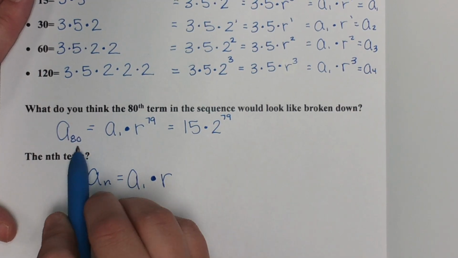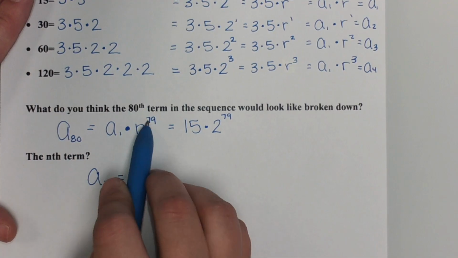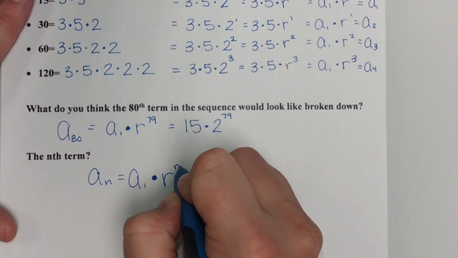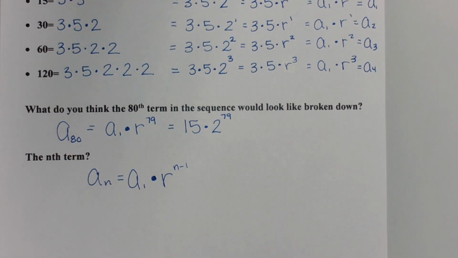How did these relate every time? Minus 1 and minus 1. Guess what? That's the equation for a geometric sequence. That's what we're getting into today. We're focusing in on geometric sequence equations.